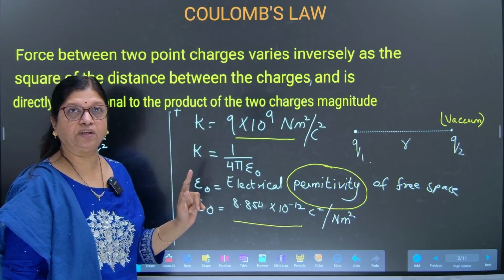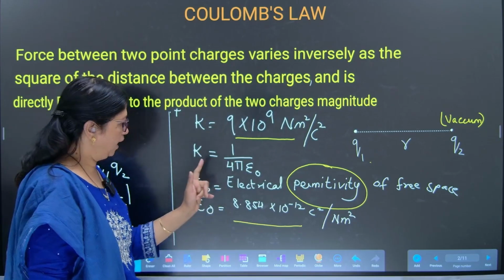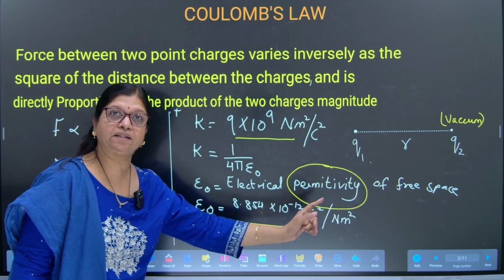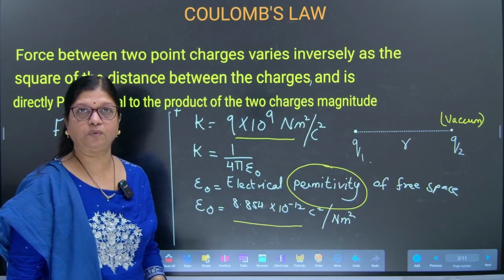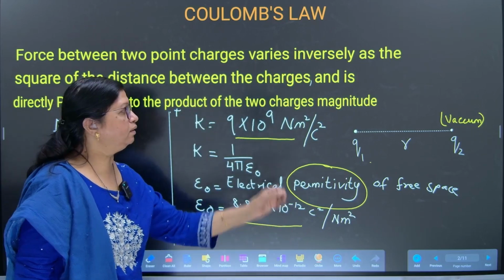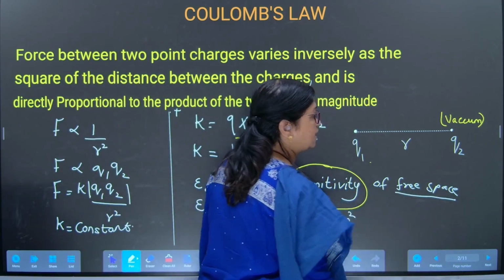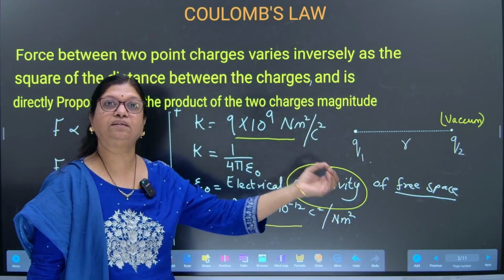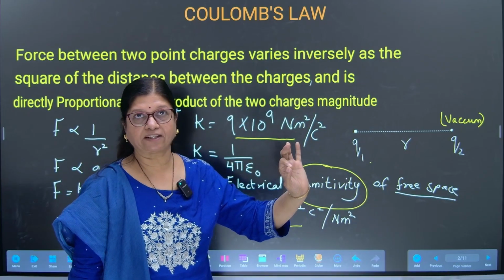Formula of K is given as 1 upon 4 pi epsilon naught, where epsilon naught is the electrical permittivity of free space. Now, what is this permittivity? Permittivity is the permission given by the medium to the charges such that they can exert force on each other, whether for repulsion or for attraction.